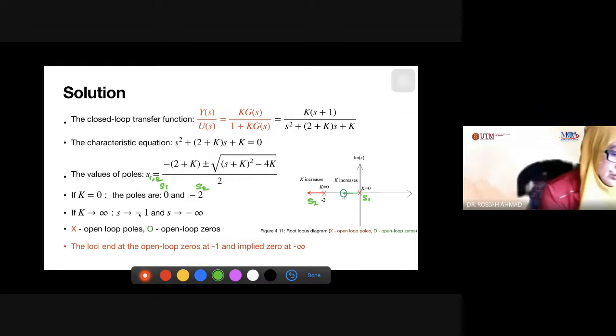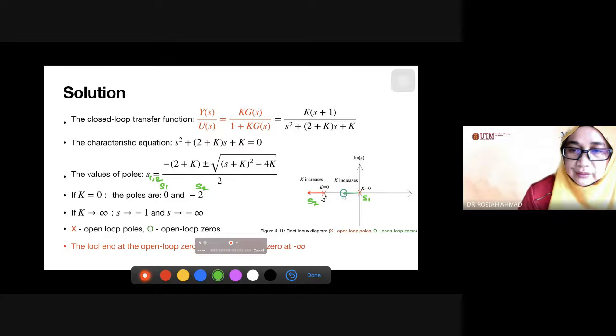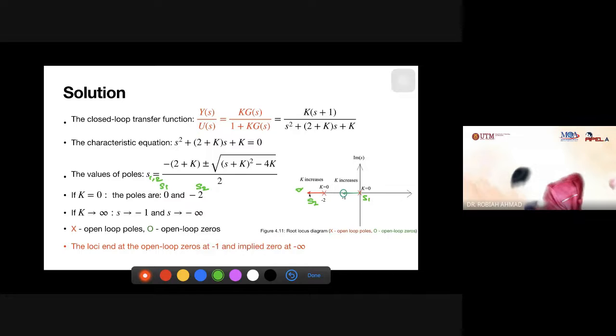Okay, so this S1, when k increase, it will stop at minus 1. Okay, so the second one, the minus 2, if we increase k to infinity, it will go to infinity. So this one, minus infinity.